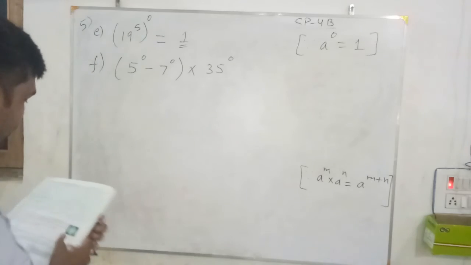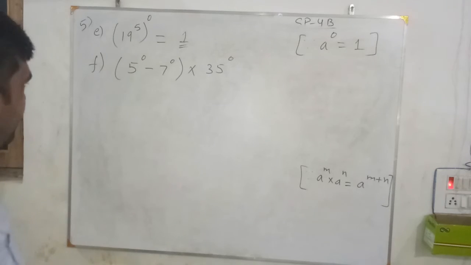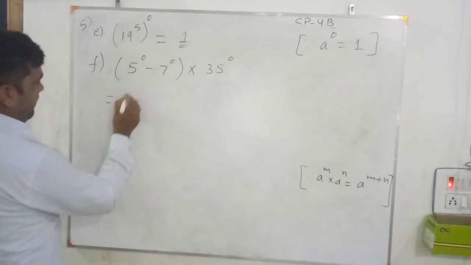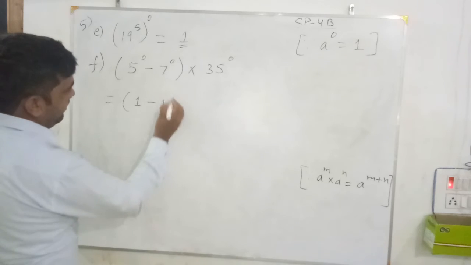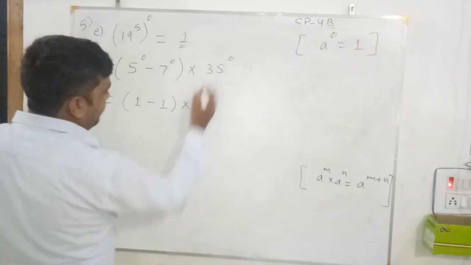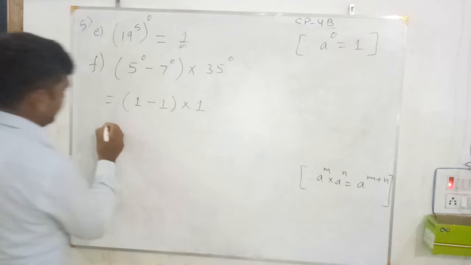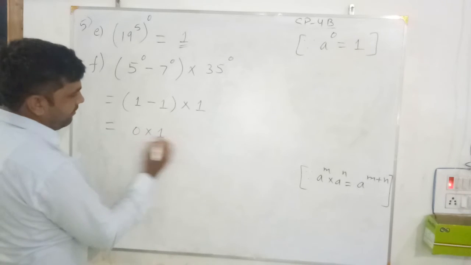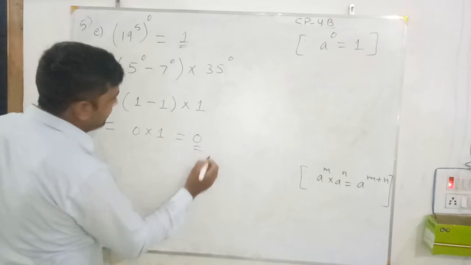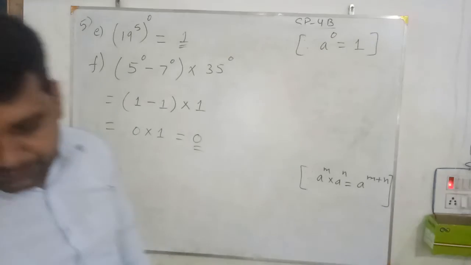Again in this question also we apply the zero law. See, 5 to the power 0 value 1, minus 7 to the power 0 value 1, multiplied by 35 to the power 0 value 1. Next, 1 minus 1 gives you 0, multiply 1 and 0 ones are 0. So the result is 0.